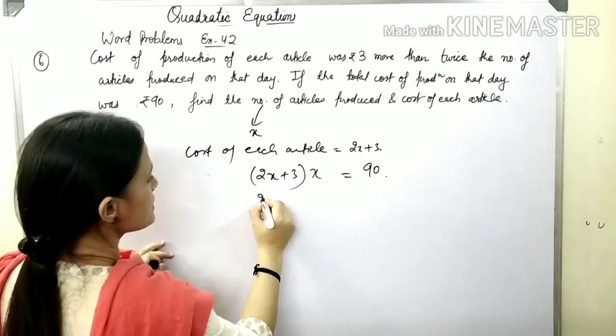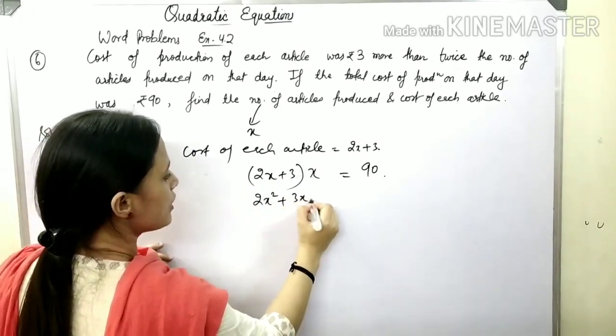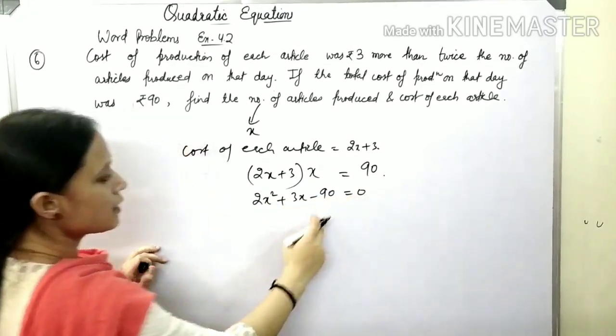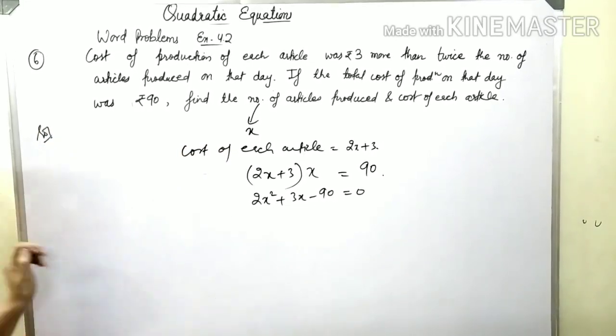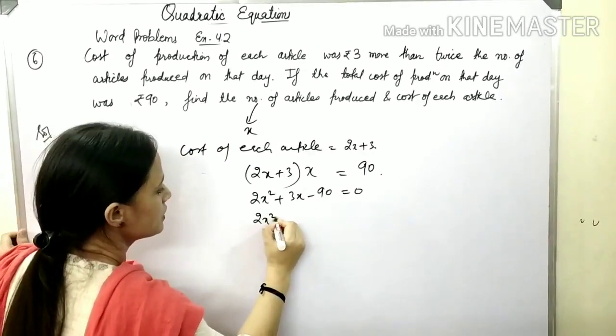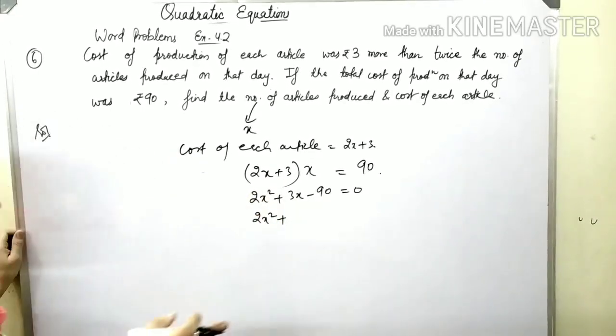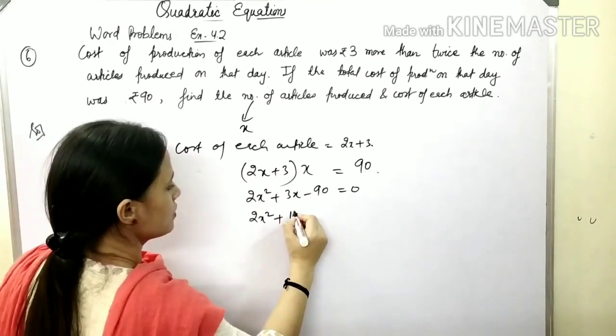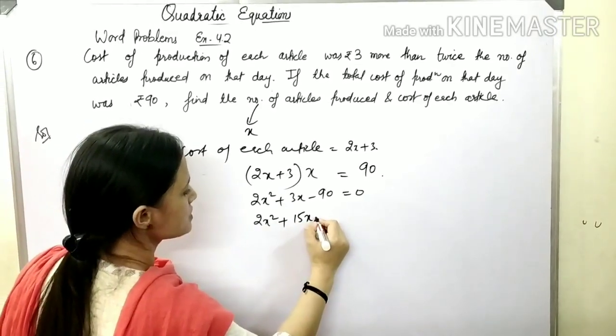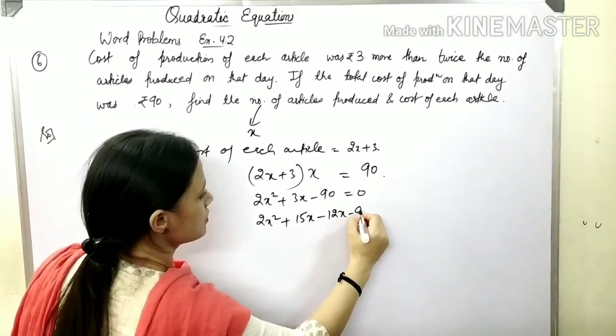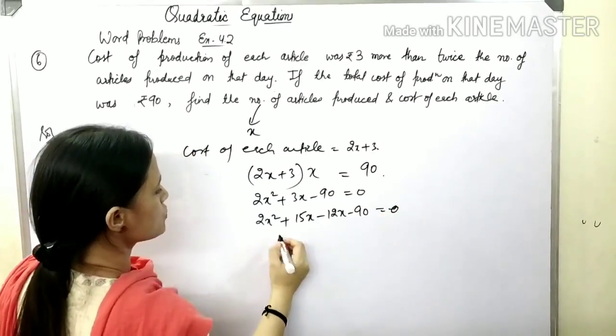Fine, so we can easily find the value of x from here by the splitting the middle term method. 2 nines are 18, 180, the factors of 180 will be 15x minus 12x equal to 0.